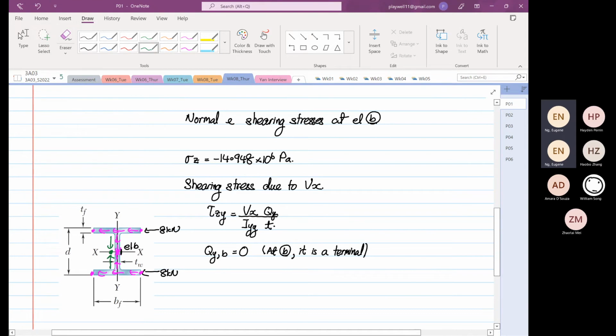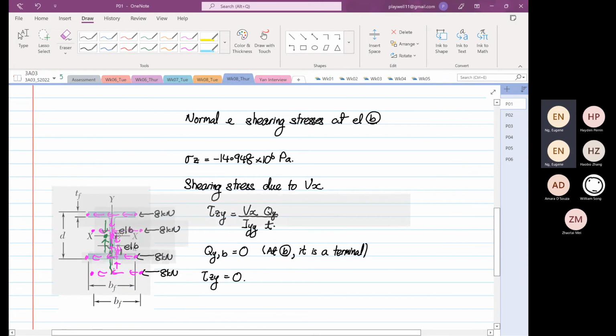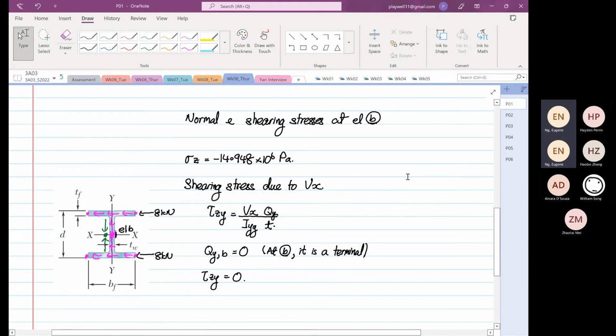So it cancels off. Okay, so the shear stress is equal to 0. So you can write that the shear Z Y is equal to 0. Okay, so this is the easy part. Anything that is equal to 0 is so much easier to calculate, but you have to know why it is equal to 0, more important than anything else.